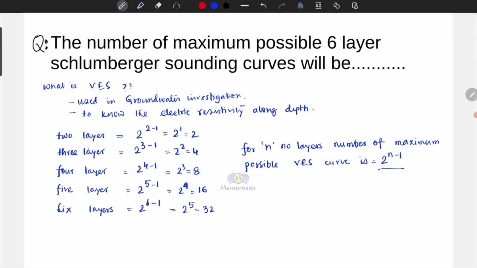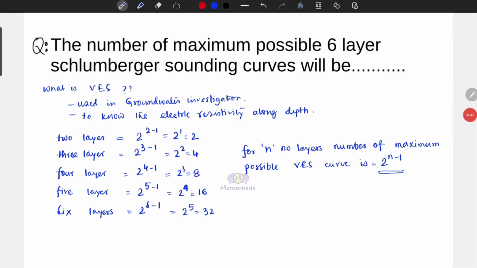Always use this formula, and you can easily determine the maximum possible curves for n layers. So now let's go to the other problems.